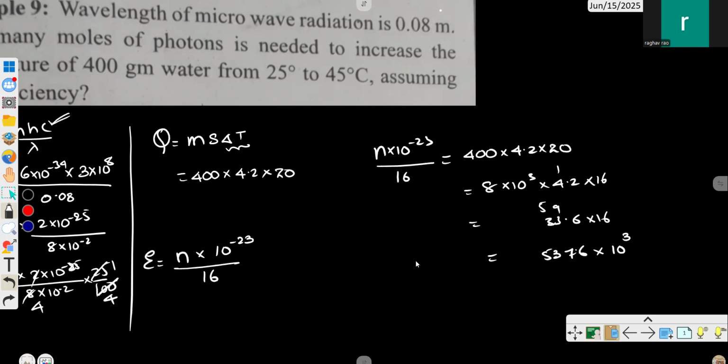So n into 10 power minus 23 is this much, or n is equal to 537.6 into 10 power 26. These many photons are required.